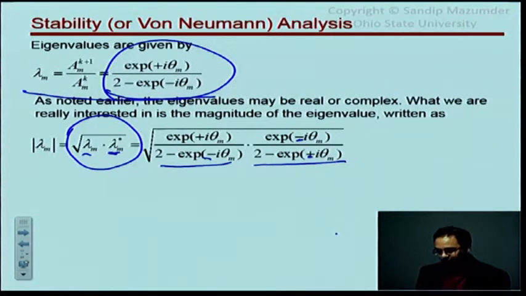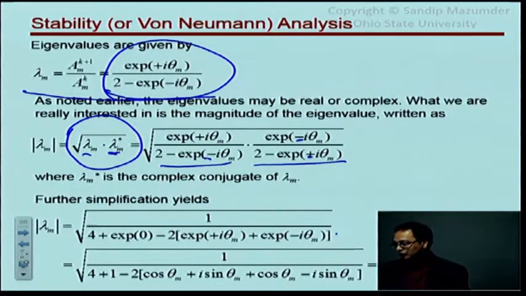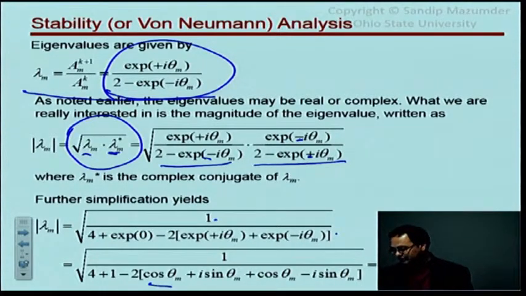So let's keep simplifying this. On the top, of course, the 2 e to the power I theta m and minus I theta m gives you a 1, and then in the bottom you just multiply that out. You get 4 plus exponential of 0 minus 2 times e to the power I theta m plus e to the power minus I theta m, which you expand as cosine theta m plus I sine theta m, cosine theta m minus I sine theta m.